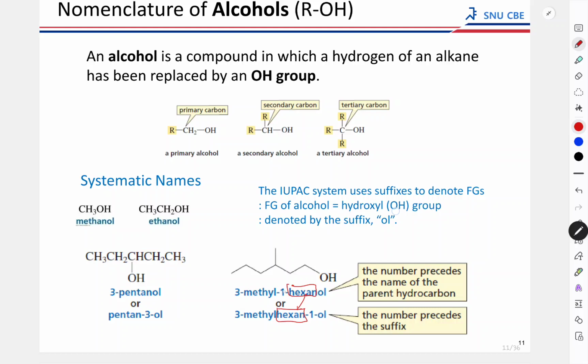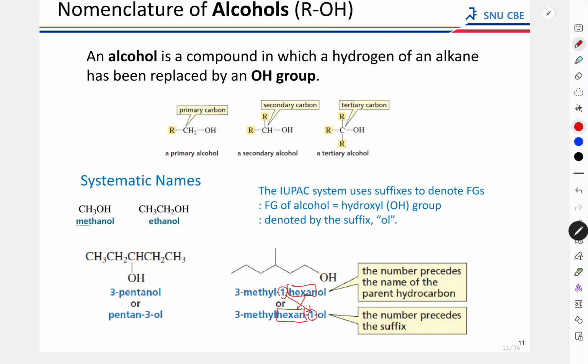Right, what about systematic name? These are the rules for systematic name. Okay? And the IUPAC system, right? That's the system that you need to know. So according to the IUPAC system, the IUPAC system uses a suffix.